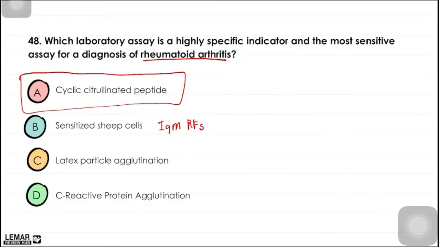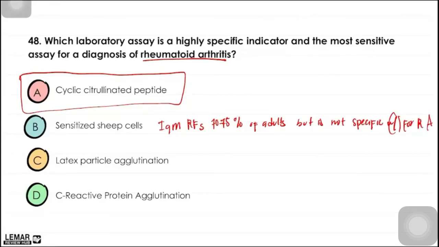So IgM rheumatoid factors are manifested in approximately 70 to 75% of adults, but this is not specific for rheumatoid arthritis.